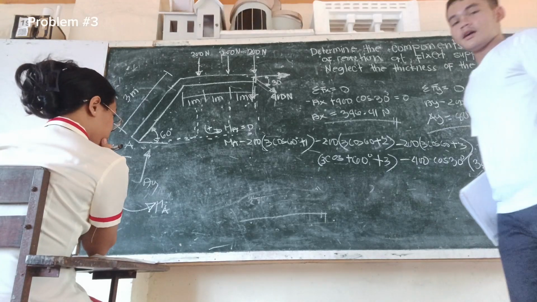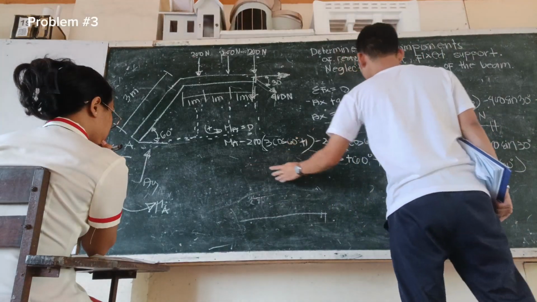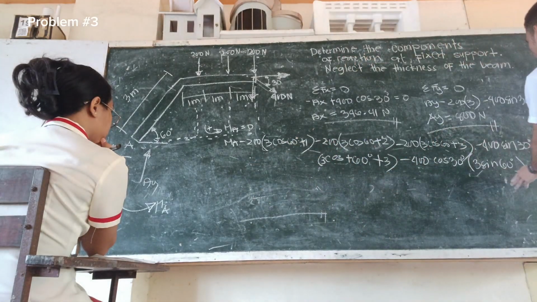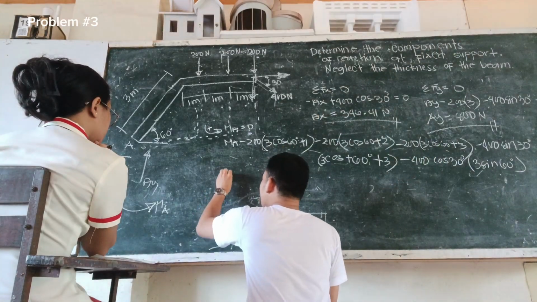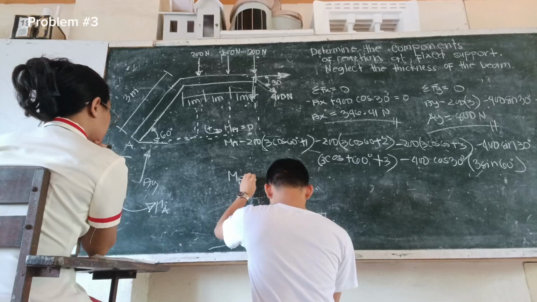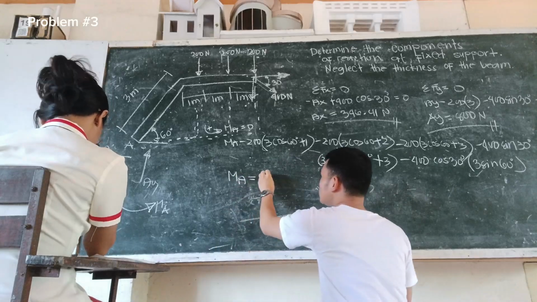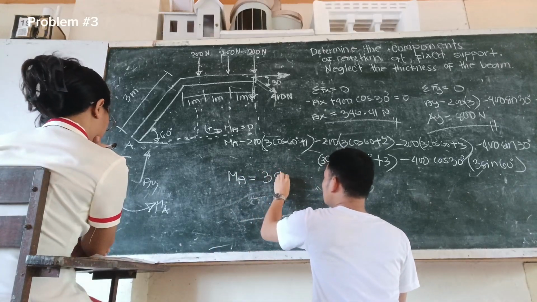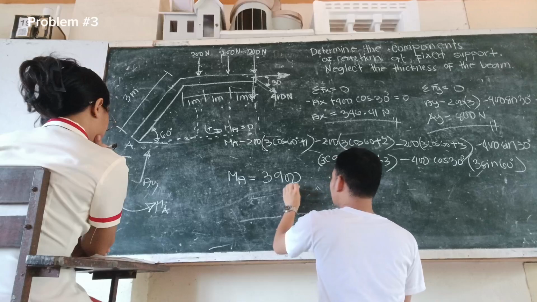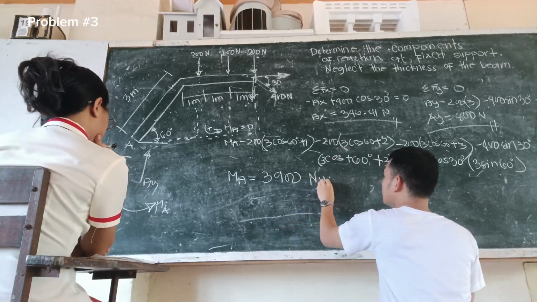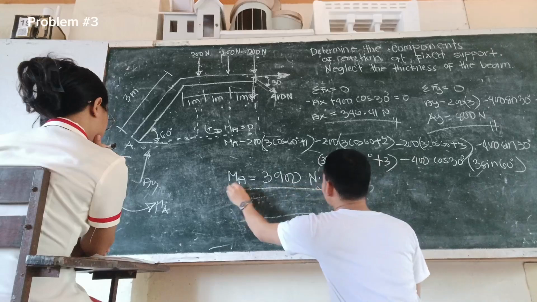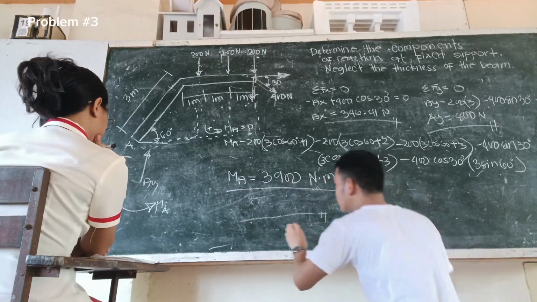So if we solve this using our calculator, the summation at the moment A, the answer for the moment A is equal to 3,900 Newton meter. So that is our final answer for the moment A.